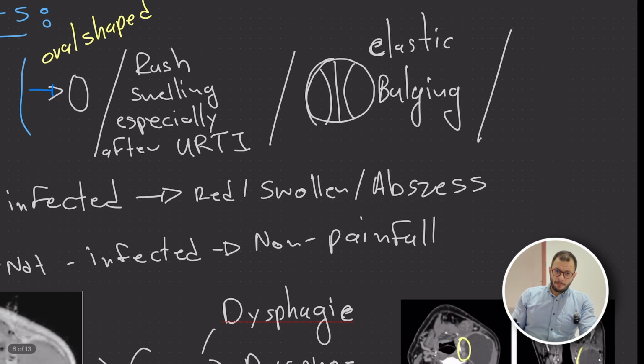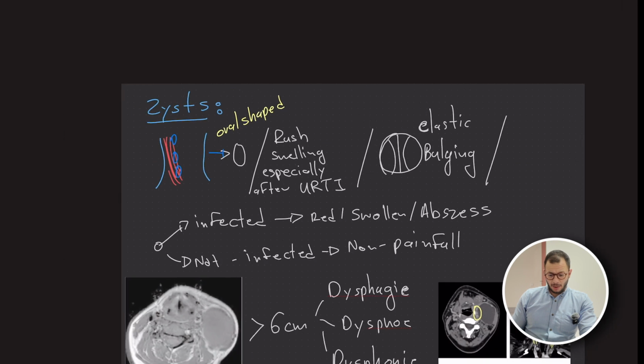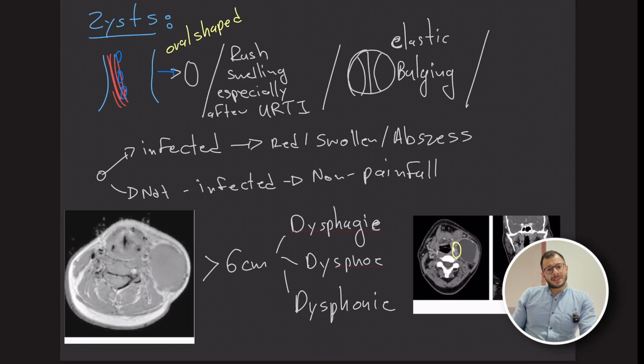Now, on palpating this cyst, it will be elastic and bulging at the neck. A good sign to differentiate between thyroglossal cleft cysts will be to have the patient swallow. If the cyst is moving, then it's most likely not a brachial cleft cyst, rather a thyroglossal cleft cyst.